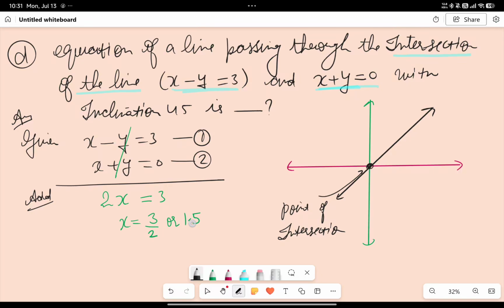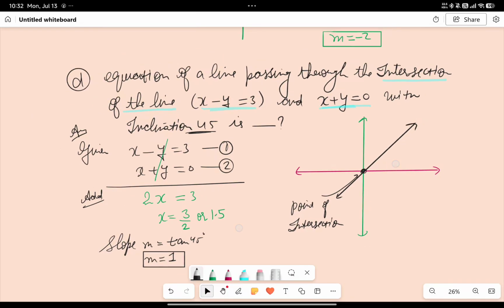Now inclination is already given. This is 45. So the slope m is equal to tan theta, that is tan 45. So m equals 1. Here I have found m is 1.